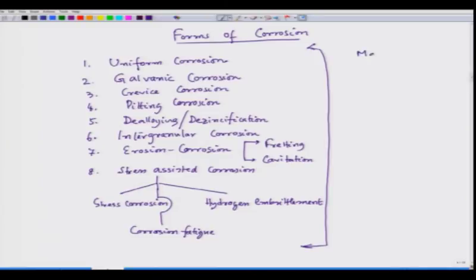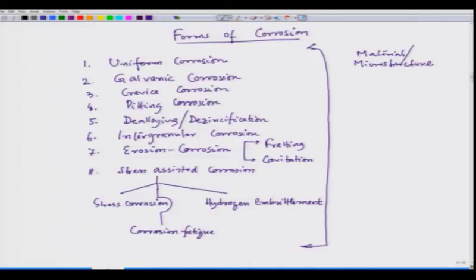One is materials, definitely. When I talk about material, if I consider these particular forms on a particular material, then the material composition is fixed, so at that time we talk about microstructure, since we are fixing the composition.